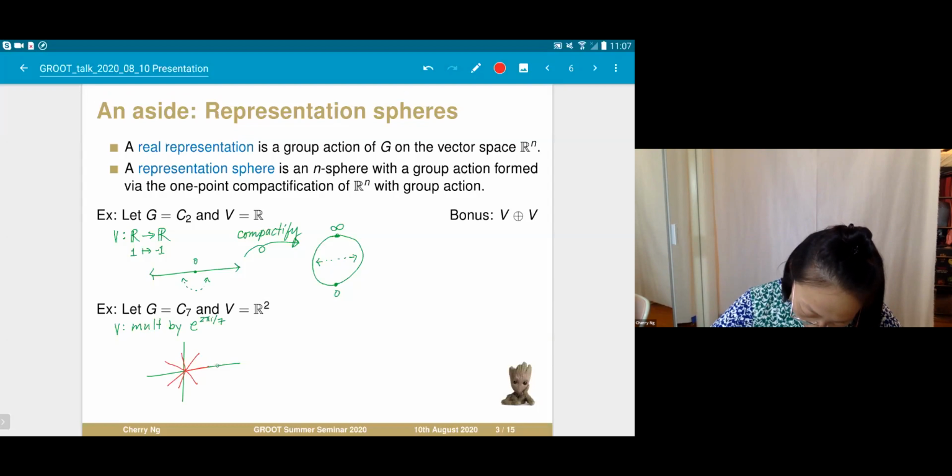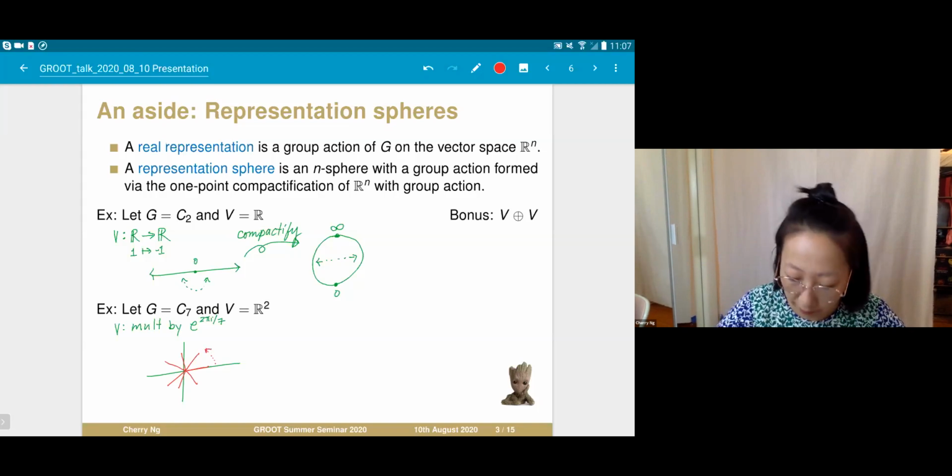And it rotates, the generator of the group C7 rotates by 2 pi over 7.